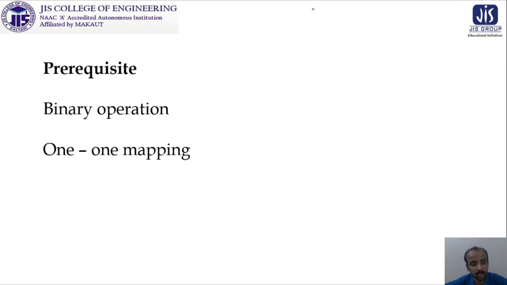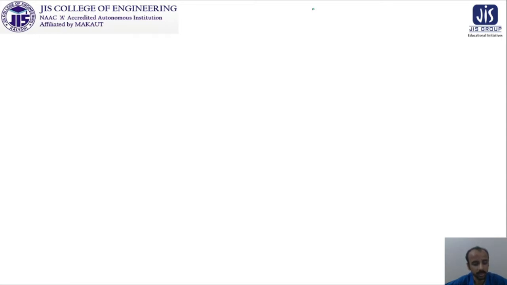What does it mean and why and where it is going to be used? And then we obviously need, because it is under the variation of groups, so we need to know the basic idea and the properties of group. So let us proceed further.